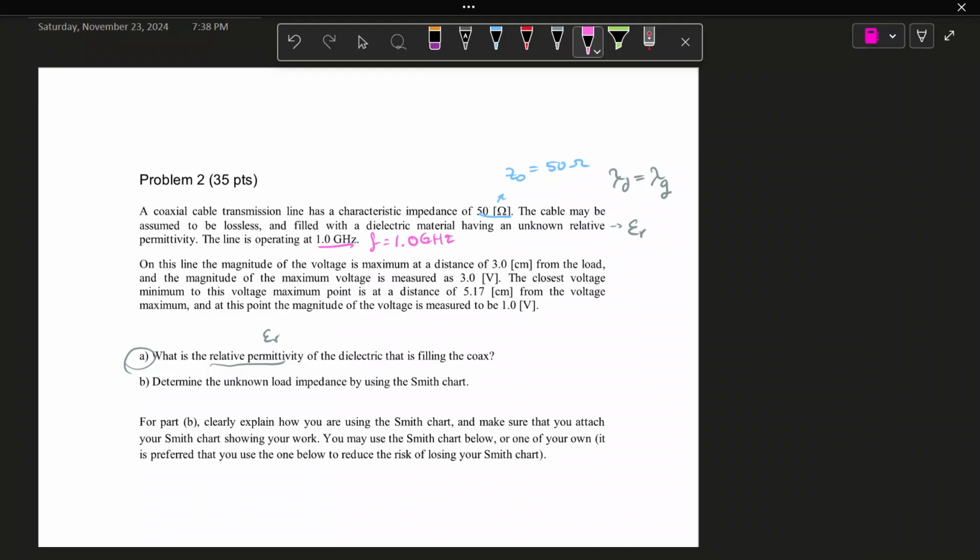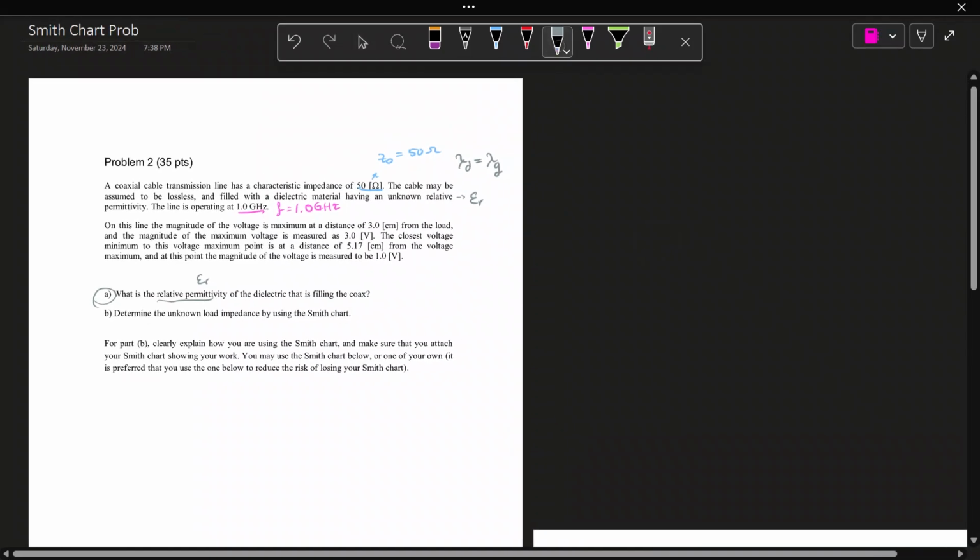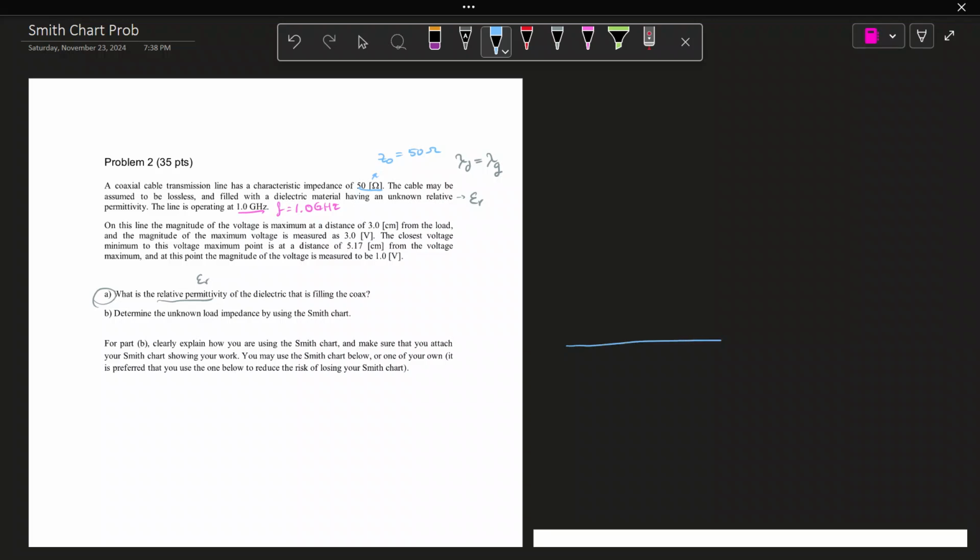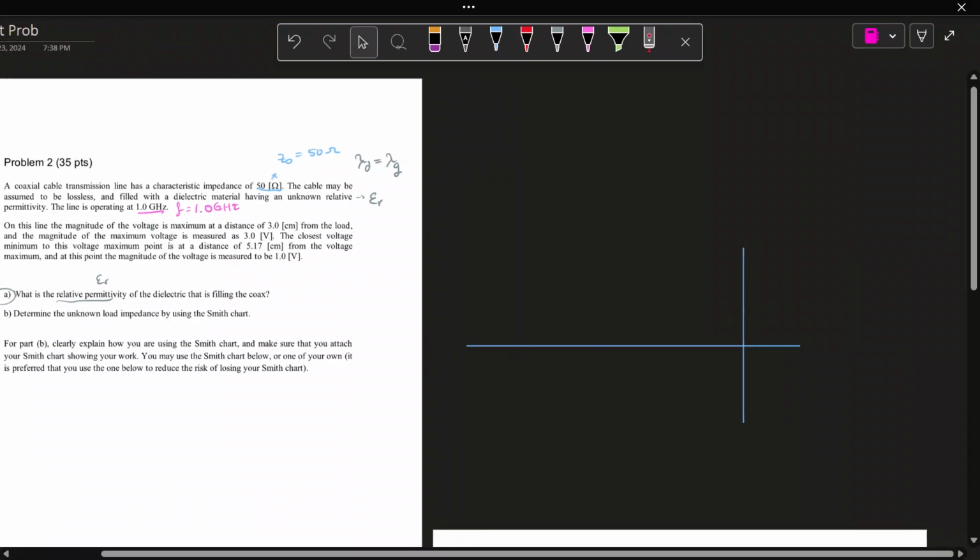Now it says on the line, the magnitude of the voltage is maximum at a distance of 3 centimeters from the load. Before we do this, when we start seeing lengths and max and min voltages, our mind should go straight towards Smith charts, but not only Smith charts, but our voltage standing wave ratio chart, or your regular SWR chart.